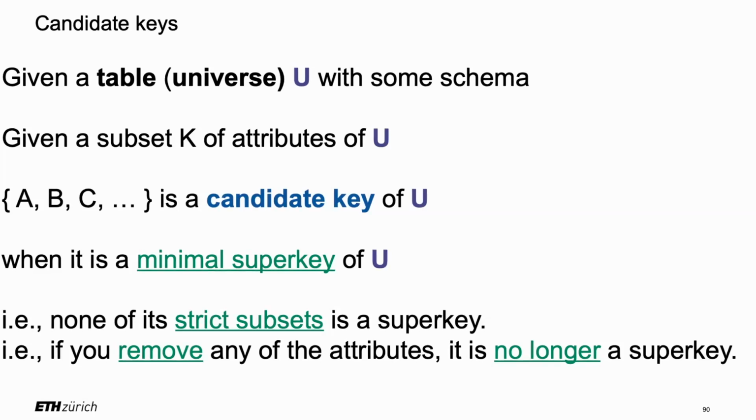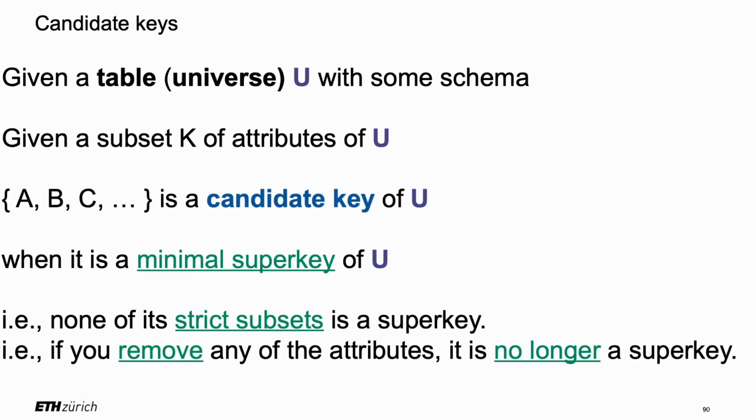The reason I'm insisting on that is that there's a mistake that some people make on minimal. Some people understand minimal in terms of the number of attributes. So basically they say there are super keys with 3 attributes, there are super keys with 2 attributes, and you look for the minimal number of attributes in there. So if there's a super key with 2 attributes, then it's a candidate key, and all the super keys with 3 attributes are not, because 3 is not minimal.